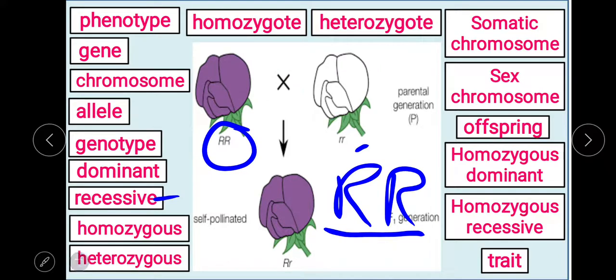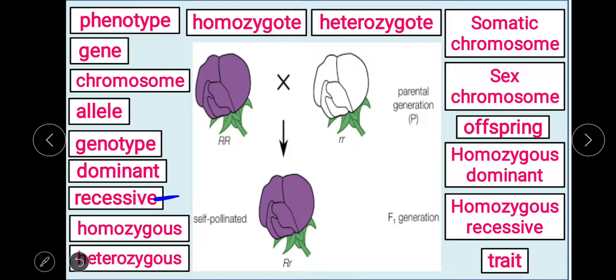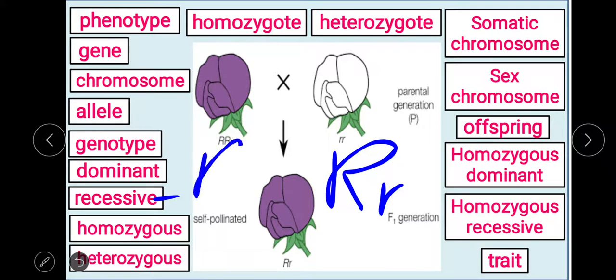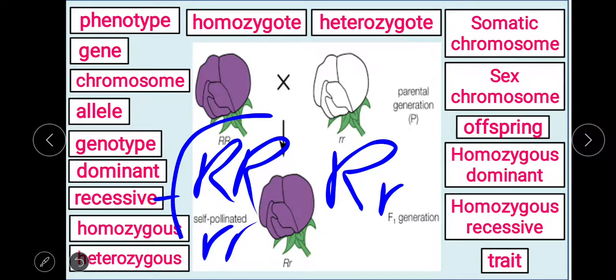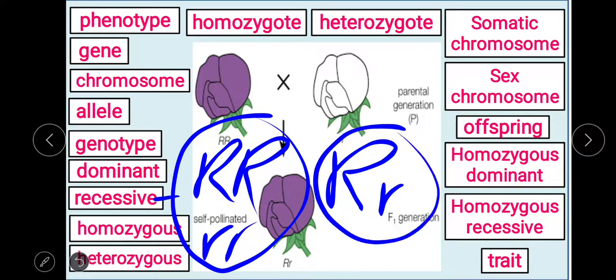But when we say heterozygote, this refers to an individual that has a heterozygous genotype. Okay? Homozygous dominant, homozygous recessive, homozygote, and heterozygote.